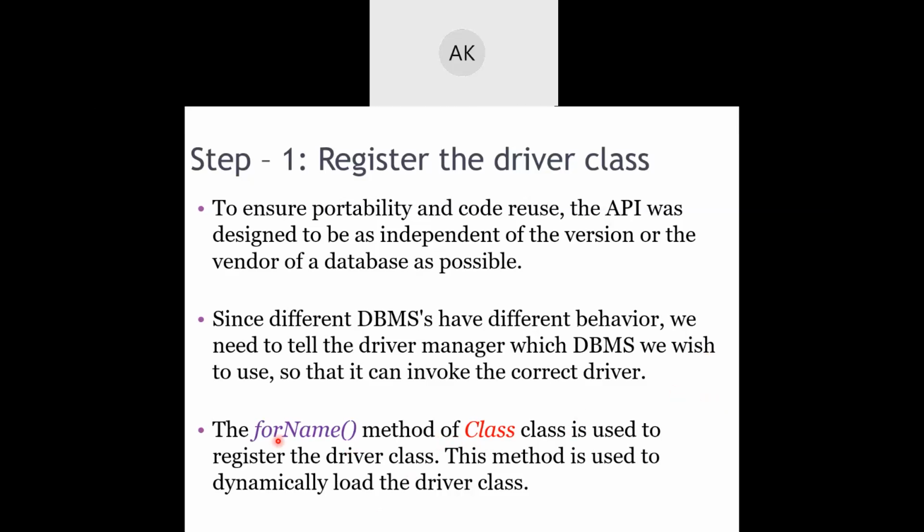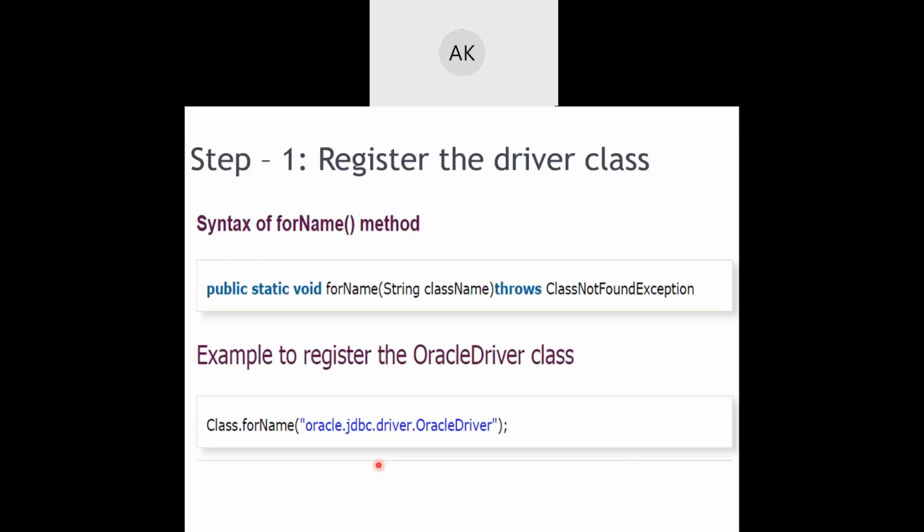So in order to register the driver we want to use, we have to make use of a method called forName. Which class defines this method? Class. Now let's see how to use forName. It is public, so we can call it from anywhere.